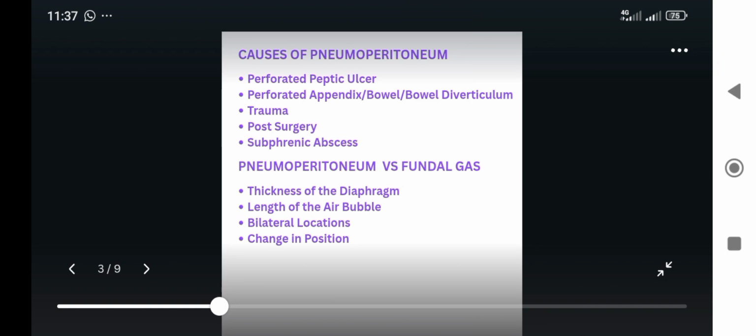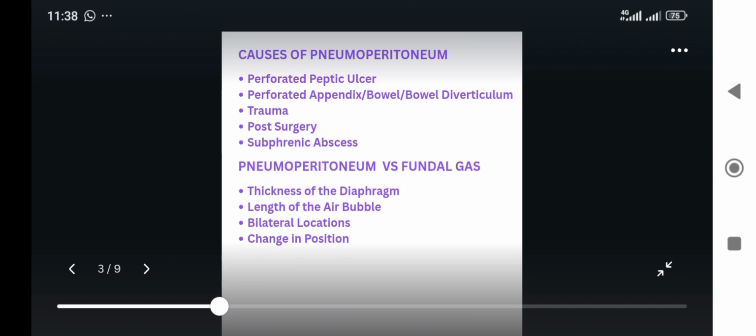So it cannot trace and cover the whole length of the hemidiaphragm, but pneumoperitoneum can cover the length of the hemidiaphragm of the side concerned. So that can help us to differentiate between fundal gas and pneumoperitoneum.